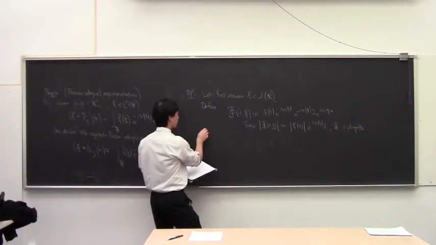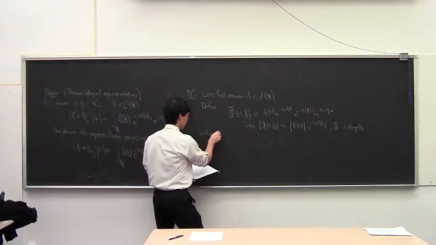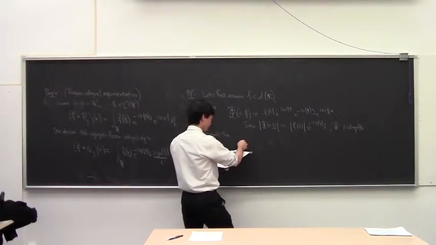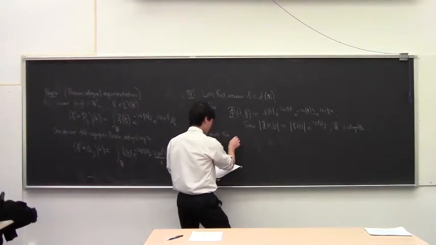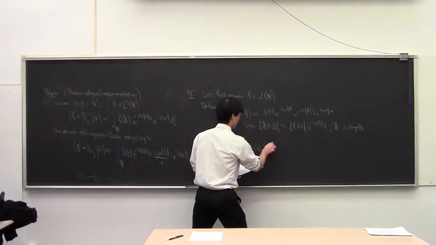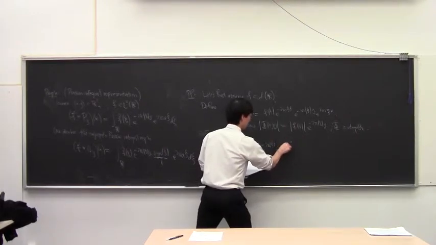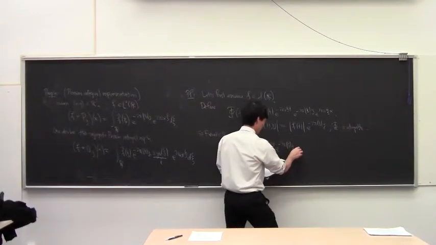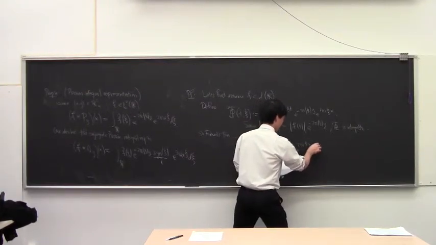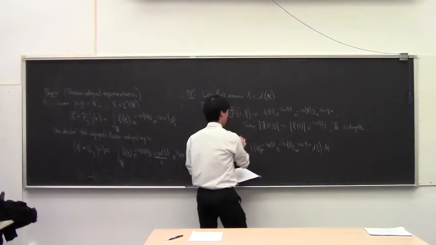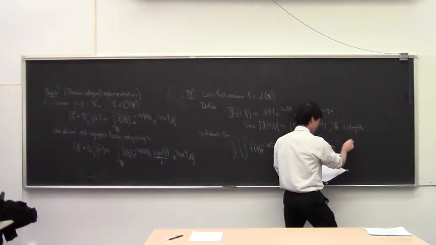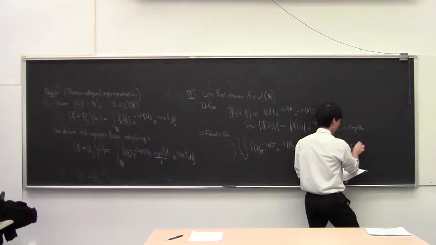Fubini's theorem says that we can change the order of integration, so we can integrate with respect to c first, or we can integrate with respect to t first. And you'll see that basically gives this. So let me write out the integrals and then we'll talk about it.